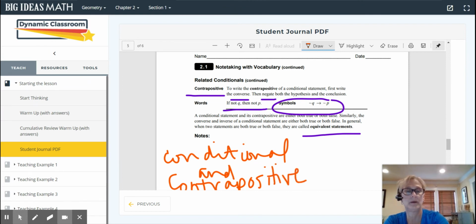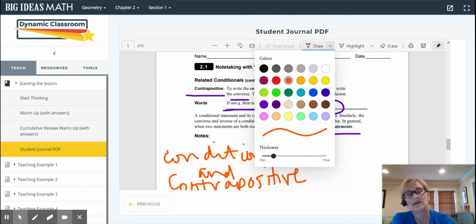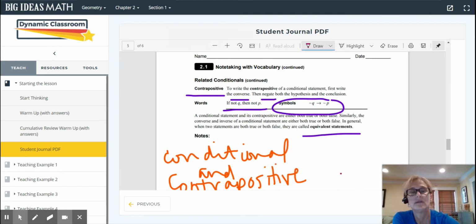Maybe put them in a box, something like that. And then also the inverse and converse are equivalent. Inverse and converse.